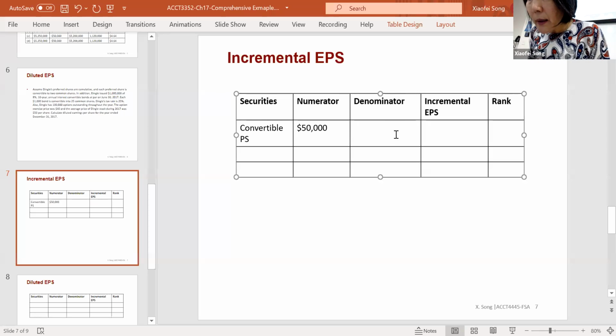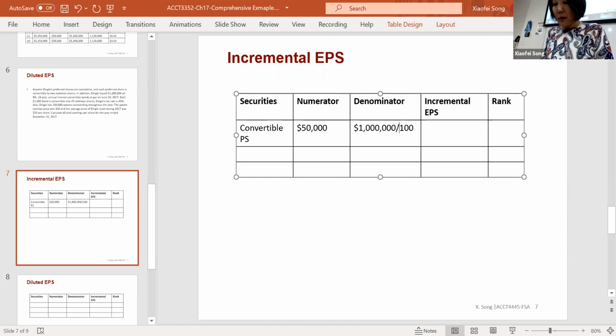And the denominator: how many preferred shares were there? Let's calculate. We have a $1 million balance, and the par value is $100.